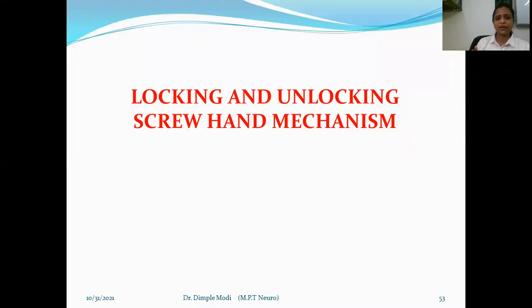Now we'll discuss the automatic or locking mechanism of the knee. The lateral rotation of the tibia that occurs at the final stages of knee extension is not voluntary. It occurs by the muscular forces. So this coupled motion is also called the automatic or terminal rotation.